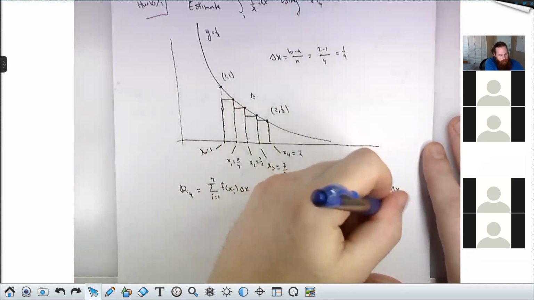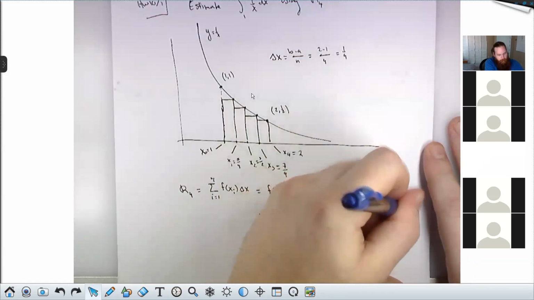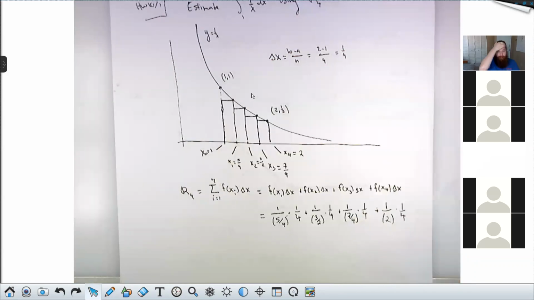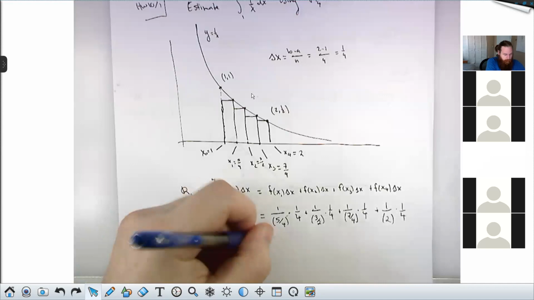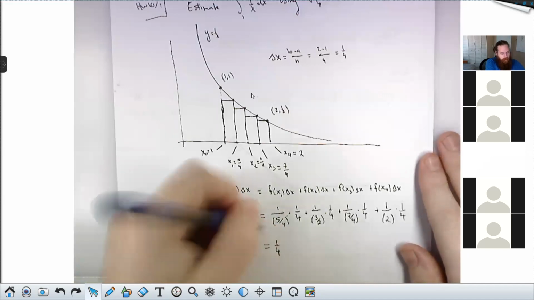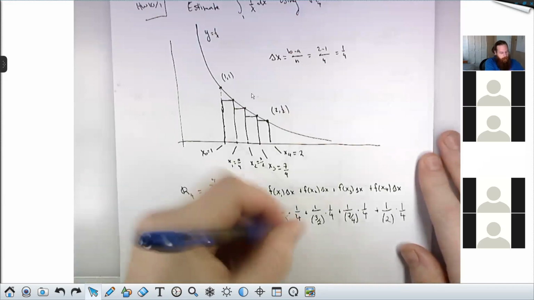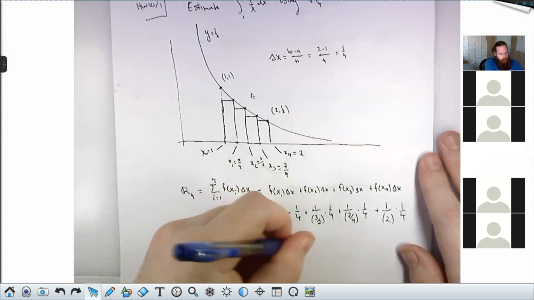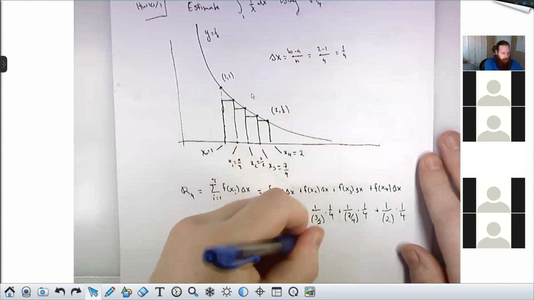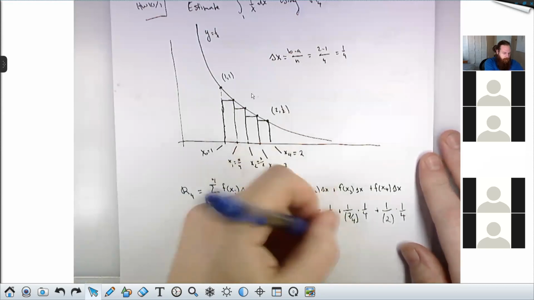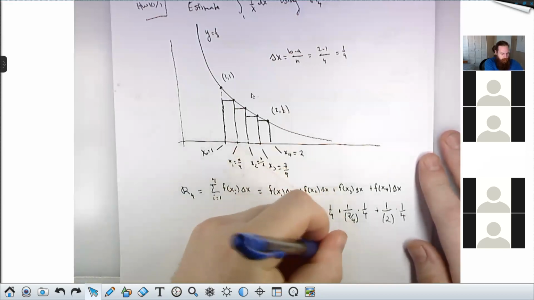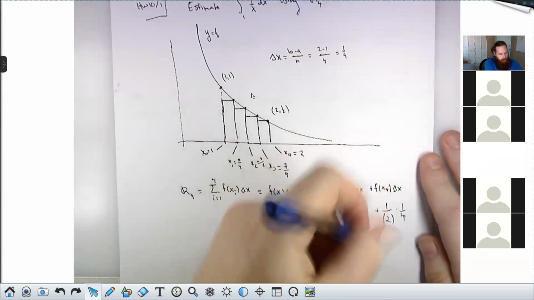So this is 1 over 2 times 1/4. And then from here, you just have to simplify. You can factor the 1/4. And then 1 over 5/4 is 4/5, plus 1 over 3/2 is 2/3, plus 1 over 7/4 is 4/7, and 1 over 2 is 1/2.